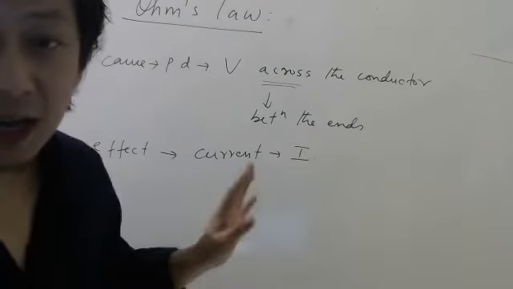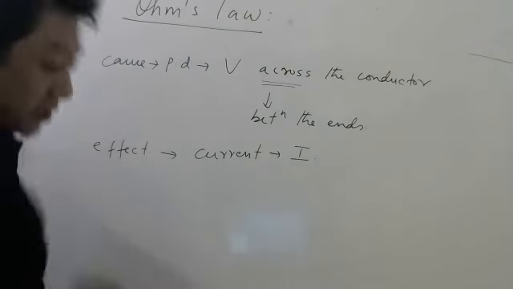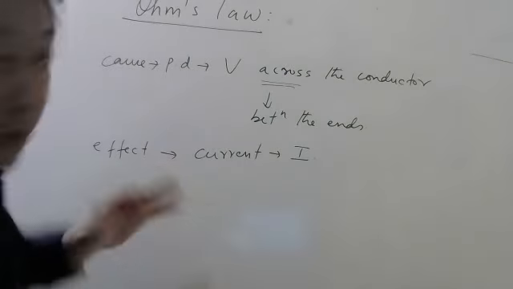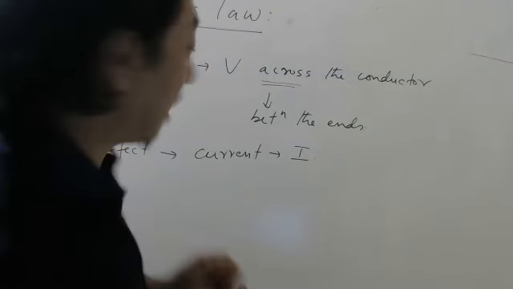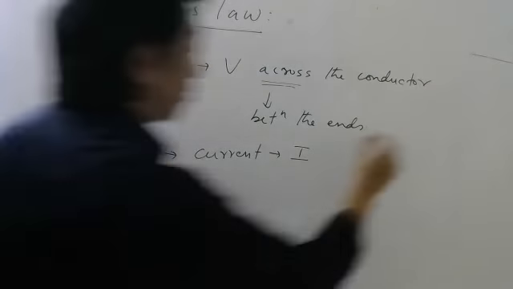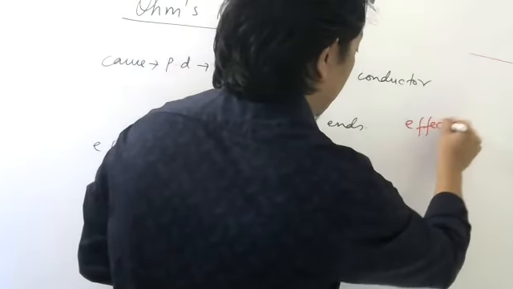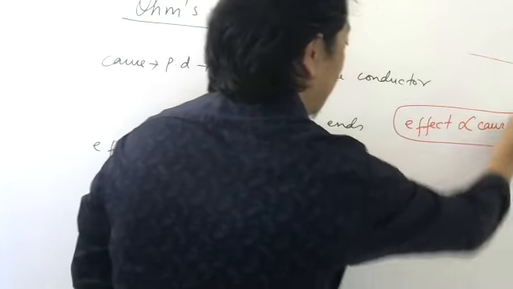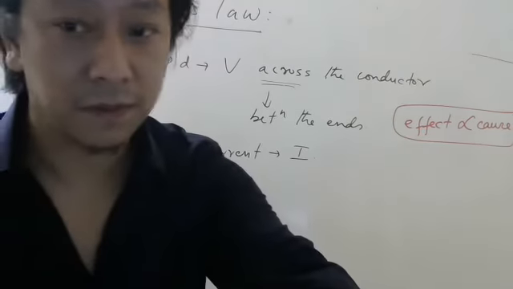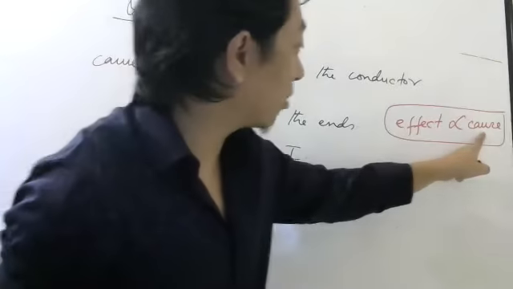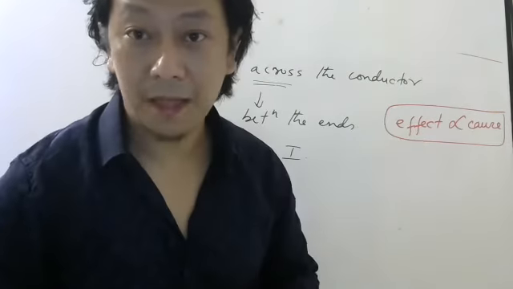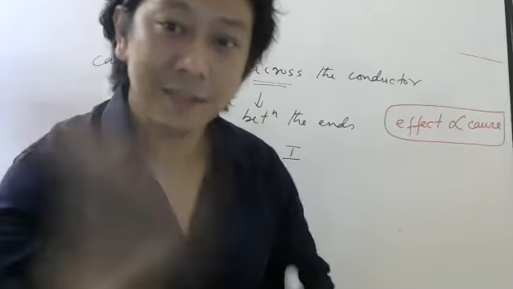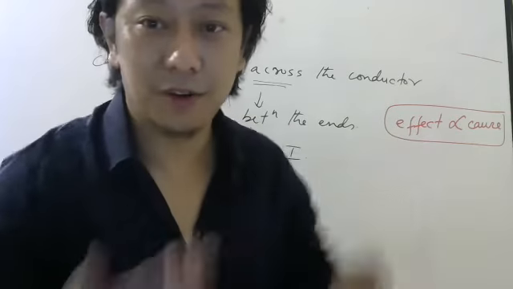So these two are directly proportional. Now usually when you write the proportionality, how should I write? Effect is proportional to cause. Yes or no, students? If you increase the cause, the effect will increase. So if I slap my enemy more, he will cry more.